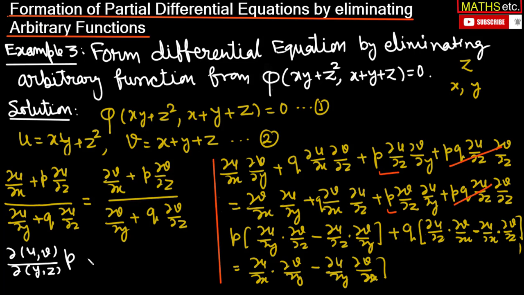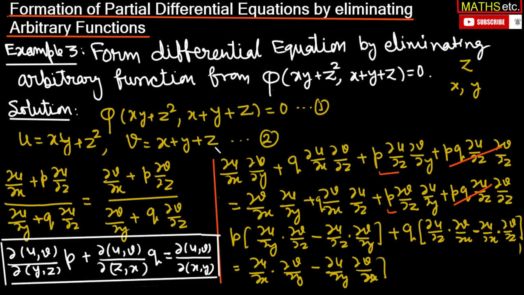The second term will be this one. This partial derivative will form the Jacobian of uv with respect to zx multiplied by q, and this is equal to the right hand side expression, the Jacobian of uv with respect to xy variables.